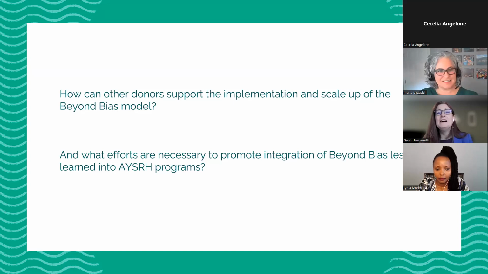Thanks, Marta. So the first is actually going back to a point you made at the beginning of the webinar, which is to say there's a large variety of programs or projects in which the Beyond Bias model can be integrated. Obviously within youth-focused projects that are looking at improving access and quality of either contraceptive or other SRH services for young people.